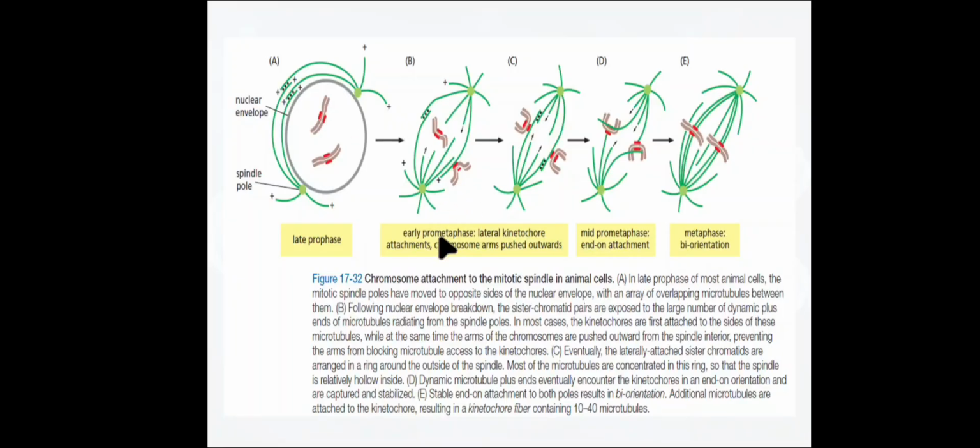In early prometaphase, lateral kinetochore attachments are seen and chromosome arms are pushed outward, and in mid prometaphase, end-on attachment is found. In metaphase, there is biorientation.